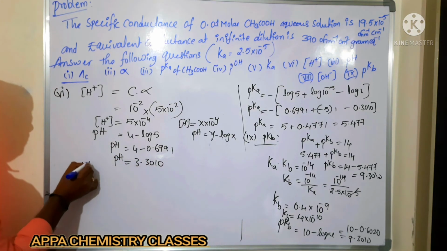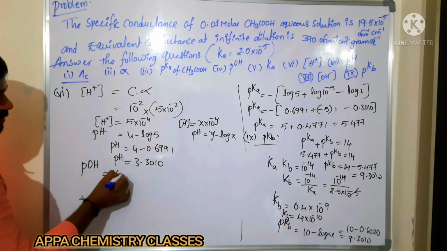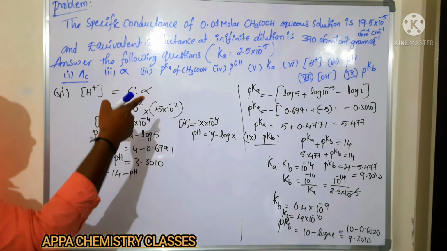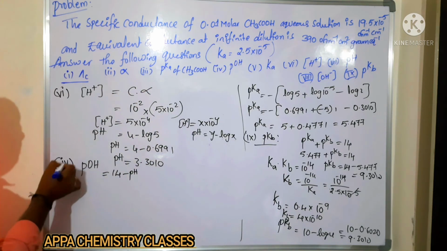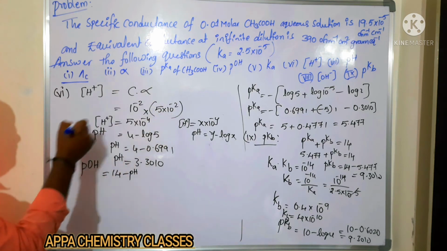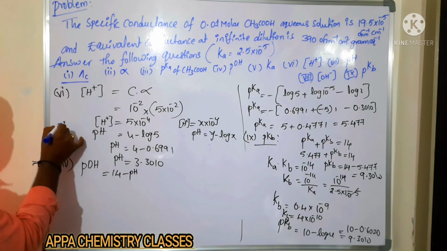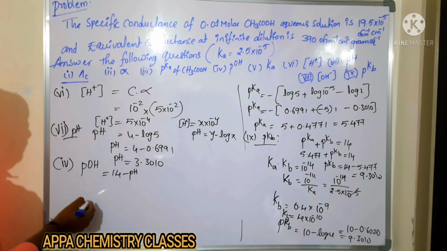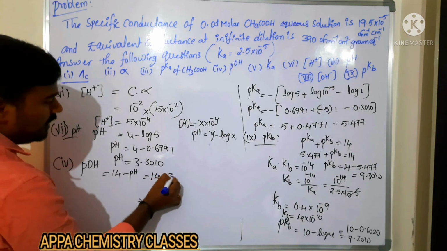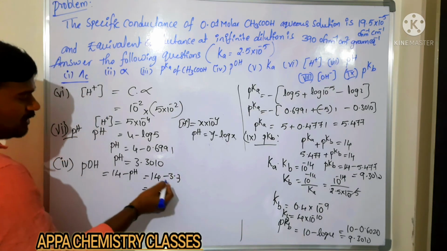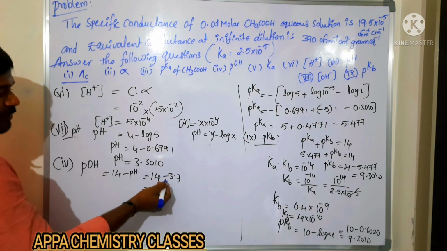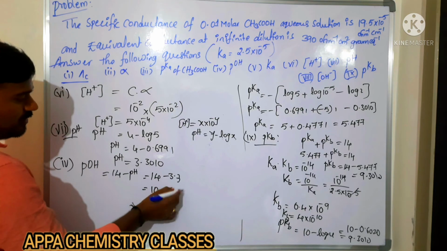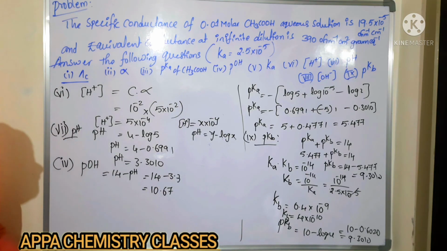If you know the pH, you can calculate pOH, that is 14 minus pH. pOH they are also asking, that is the fourth one. pH is the seventh one, I calculated from the H plus ion. And pOH is 14 minus 3.3, that is 10.67. Okay?